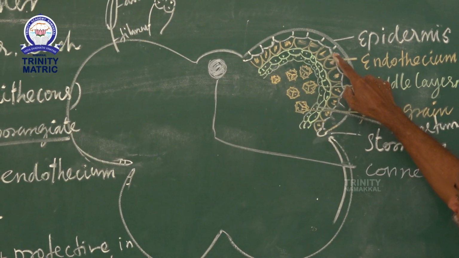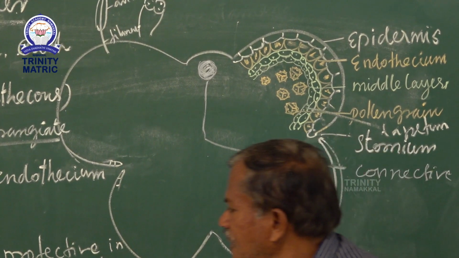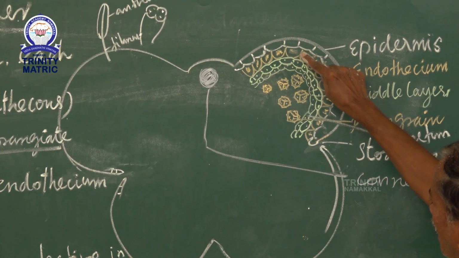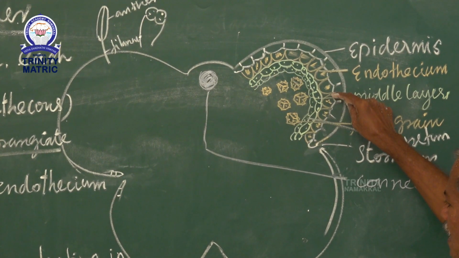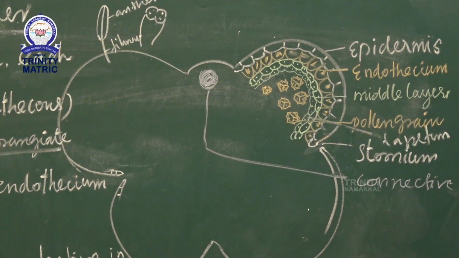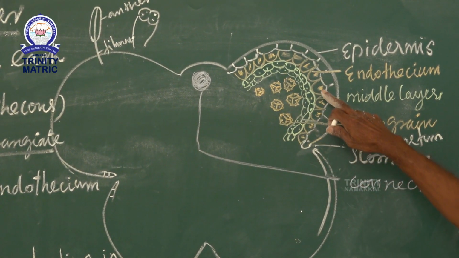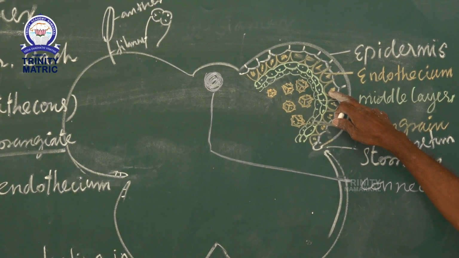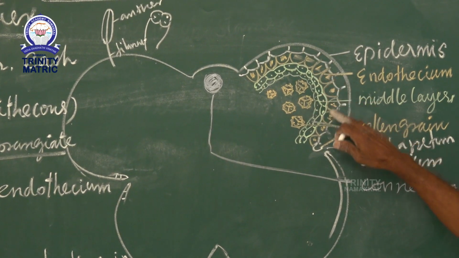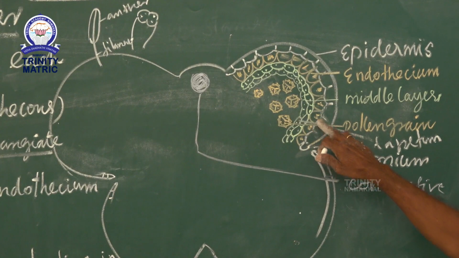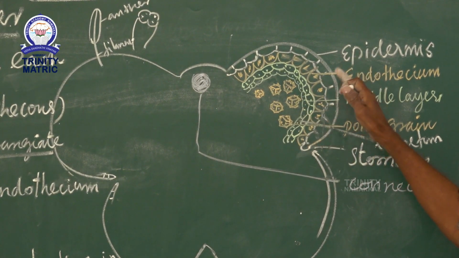Next layer is called endothecium. It is also a single layer, but the cells are radially elongated, found below the epidermis. The inner tangential endothecial cells are sometimes divided, or destroyed, or disappear in some plants.